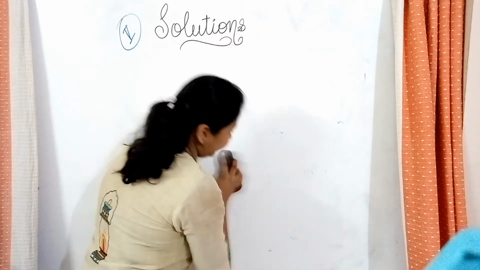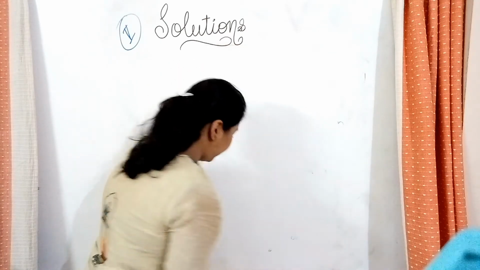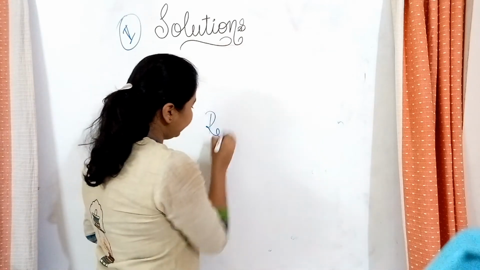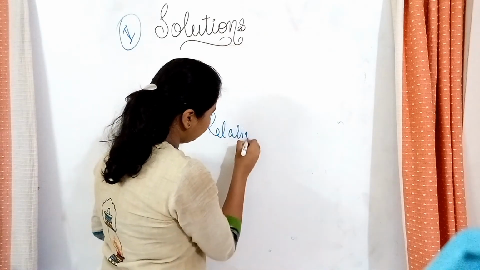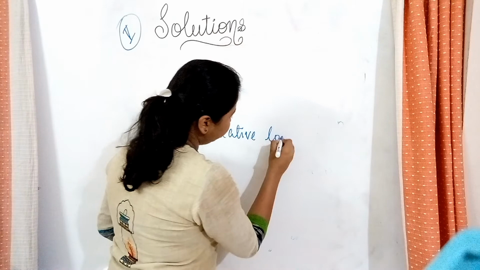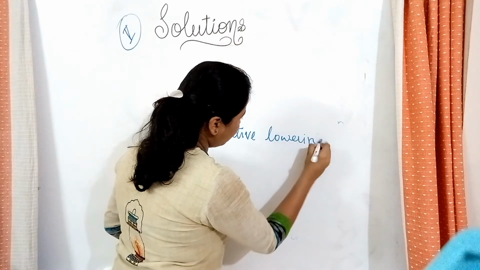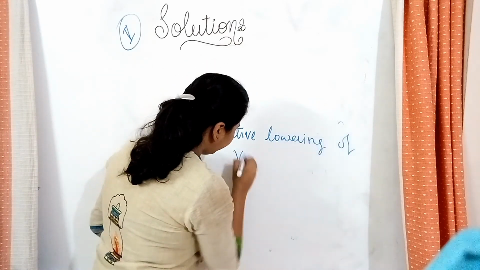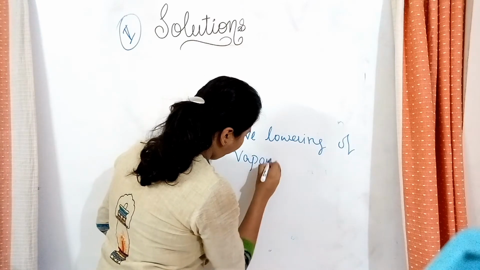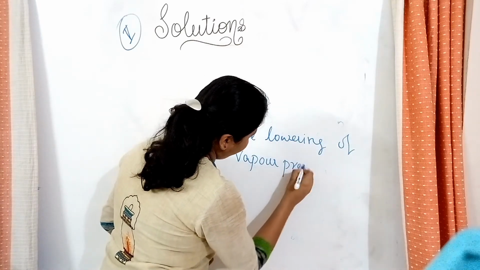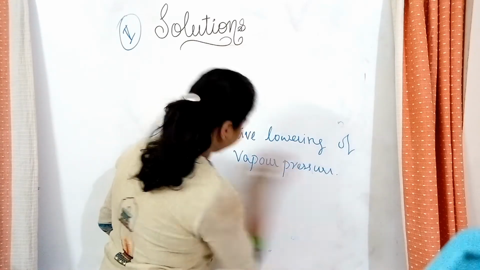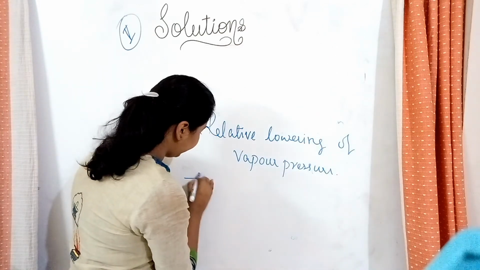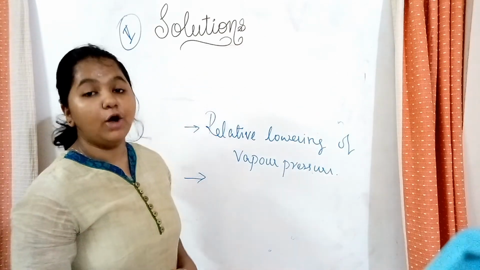I told you there are 4 properties. The first property is relative lowering of vapor pressure. The second one is elevation of boiling point.